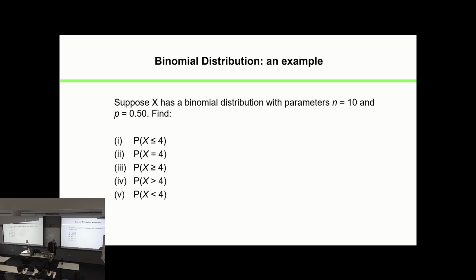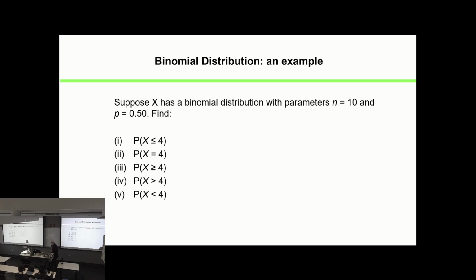One of the things to watch, because this is a very common mistake on tests, is the translation of words. So X is less than or equal to 4 is equivalent to saying X is no more than 4. Whereas X is less than 4, 4 is not included.